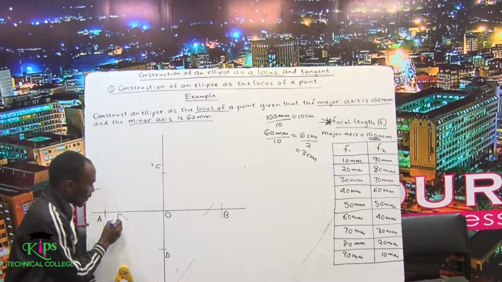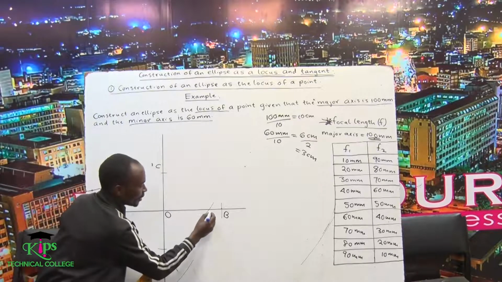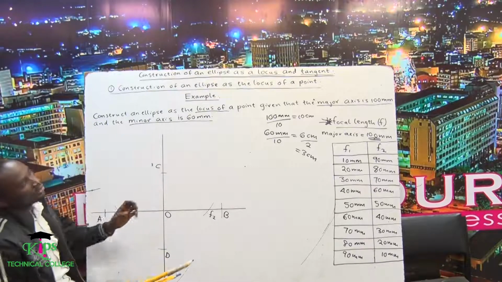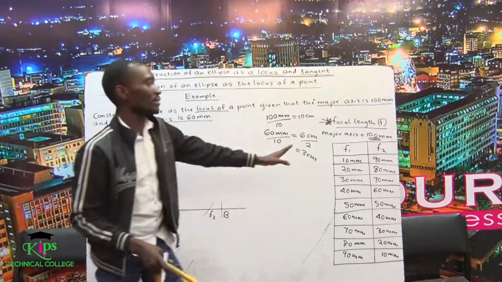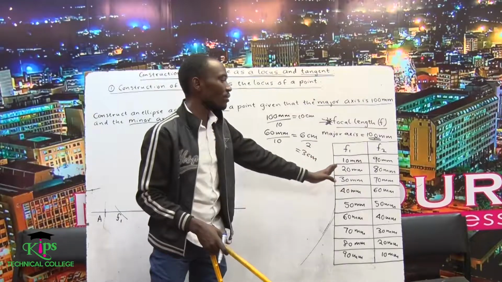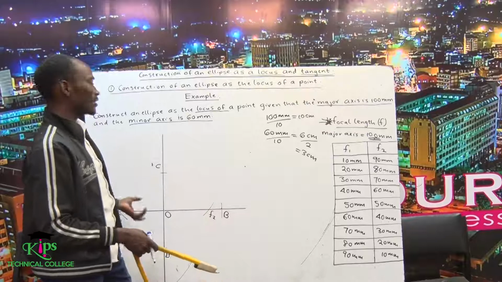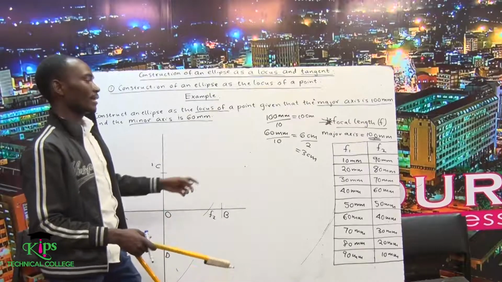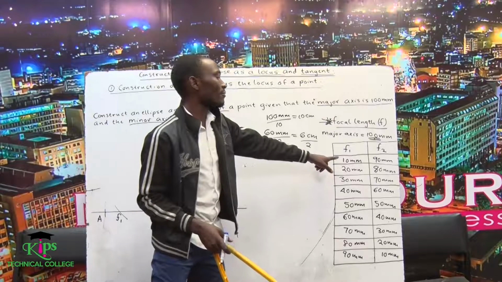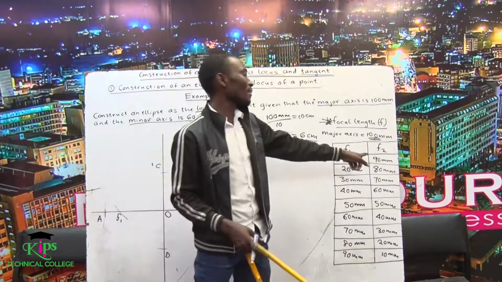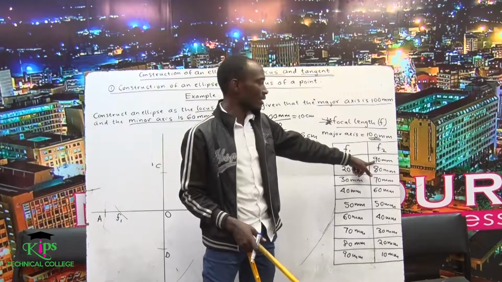I have F1, then F2. So now I should use this table to draw arcs around for me to finally get the ellipse that I need. So I should step at F1 with 10 millimeters, then again step at F2 at 90 millimeters.